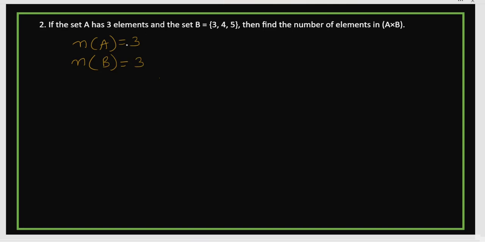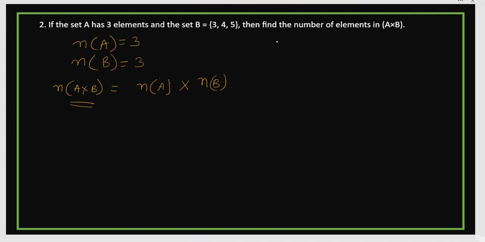So find the number of elements in the Cartesian product, n(A cross B). We have seen the formula: n(A) into n(B). The number of elements in the Cartesian product is the product of the numbers of elements of the individual sets A and B.